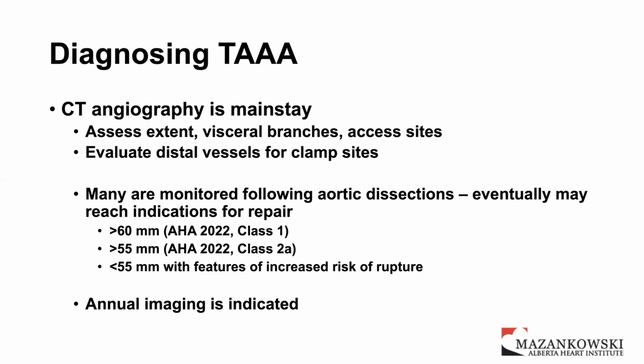As you heard before, the CT imaging is the mainstay of thoracoabdominal aortic aneurysm or aortic management overall. It allows us to assess the extent, which visceral branches are involved, and what type of access we have, whether it's for cardiopulmonary bypass, where we are going to put clamps on, or whether these patients should be potential candidates for endovascular intervention.